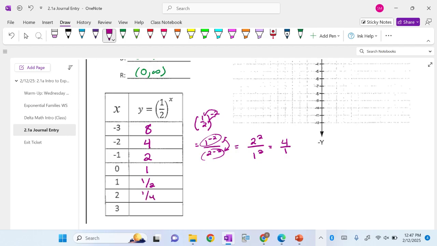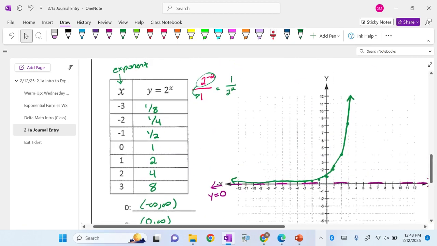1/4. Because if you think about it, again, if you had 1/2 squared, you'd have to do the power rule. This will be 1 squared over 2 squared. So that'll be 1 over 4. So what do you think 1/2 cubed is? 1/8.